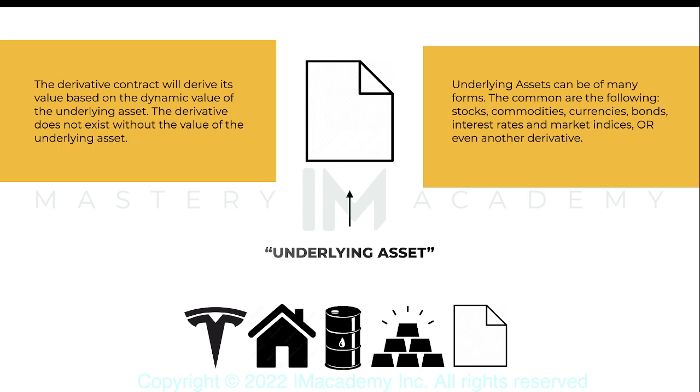Okay? Underlying assets can take many forms, and the common ones are the following: stocks, commodities, currencies, bonds, interest rates, market indices, or even other derivatives. So again, we are taking something that already has value.